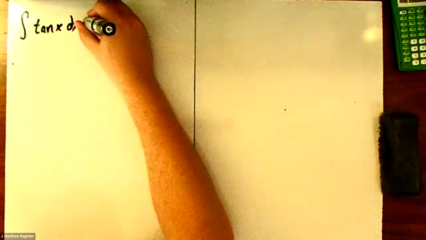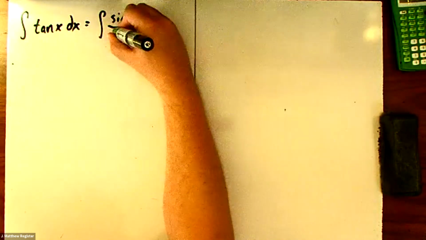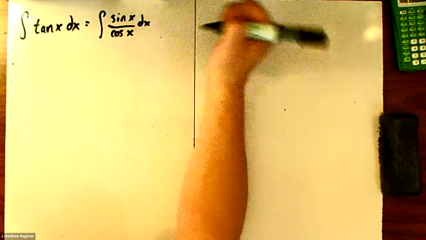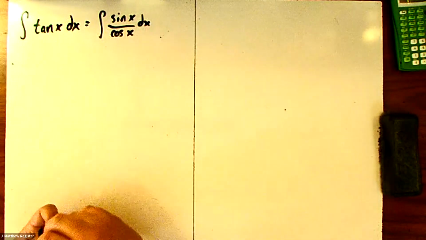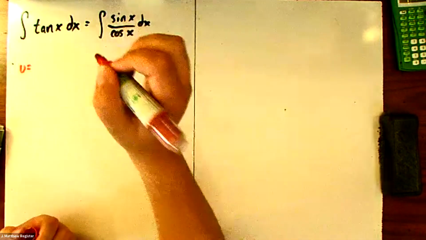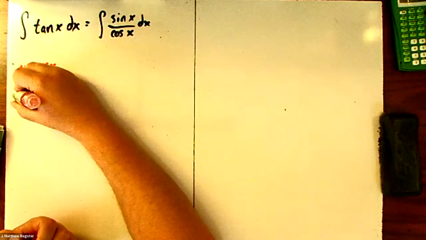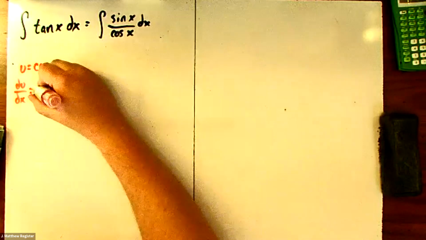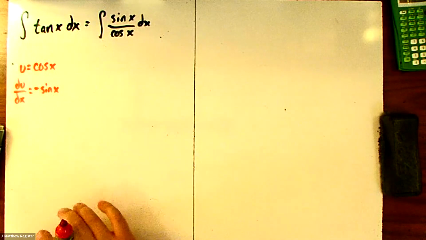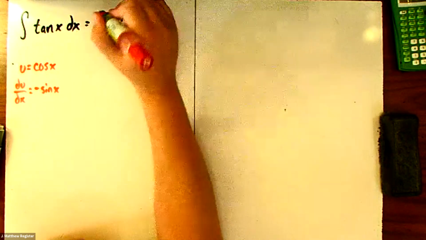The integral of tangent, we can think of as the integral of sine over cosine. And this we can do a u substitution with. If we let u be equal to cosine of x, then our du dx is going to be equal to negative sine. Well, we have a sine, we're just missing that minus.